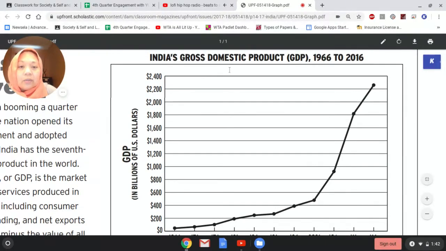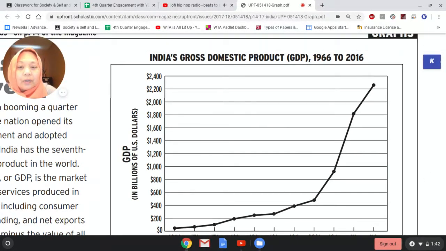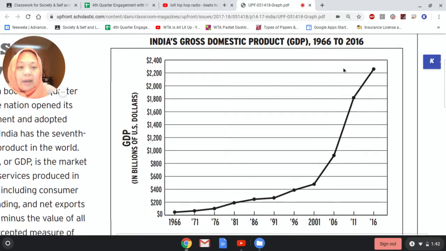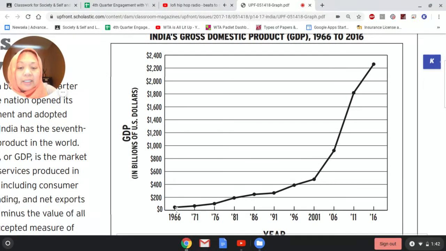Okay, so it says India's gross domestic product, or GDP, from 1966 to 2016. So that was like 4 years ago. It says that down here in 1966, their GDP looks like it's even below $50. And then it just keeps going up, up, up, up.